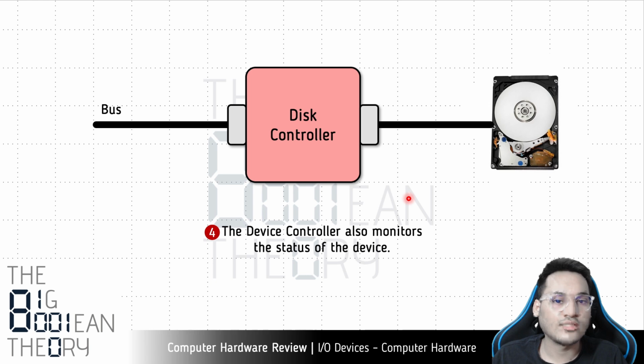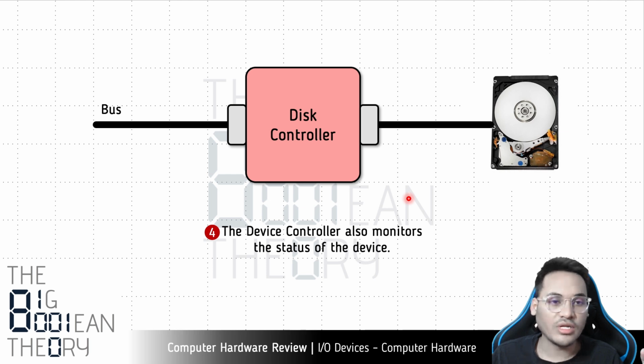The next point is that the device controller is also responsible for monitoring the status of the device. Before initiating any operation, the device controller has to ensure whether the device is busy or not, right? It could be possible that the device is already busy with some previous operation that the operating system might have requested.